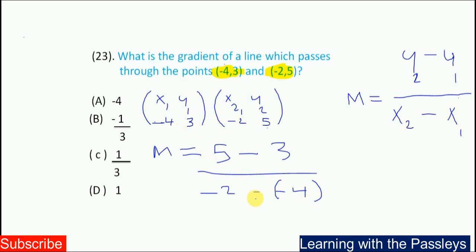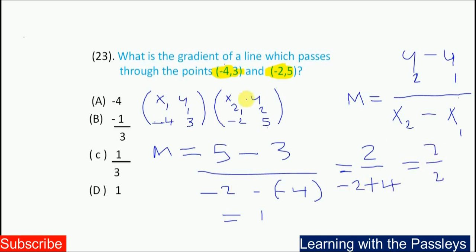Now we have a minus and a minus here, so we all should know by now that minus times minus gives us positive. 5 minus 3 leaves 2. Negative times negative gives us positive, so we have positive 4 minus 2. See that? Equals negative 2 plus 4, which is 2 over 2, equals 1. 2 into 2 goes 1 time.